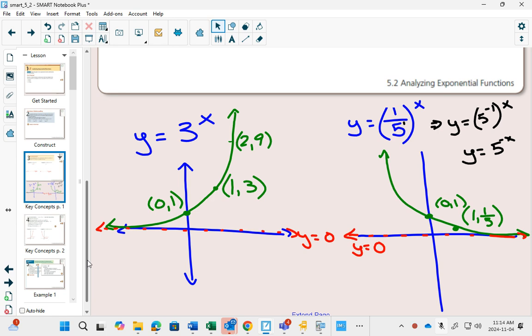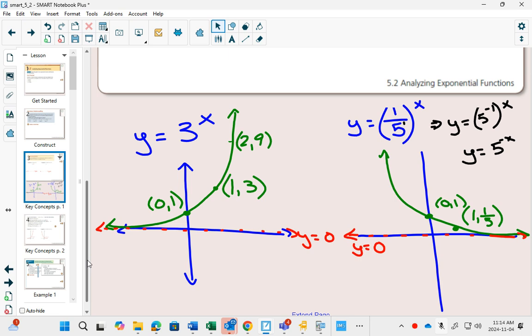I'm going to use lots of negative exponent rules moving forward. And if I use my exponent rules of a power to a power, I can multiply them and get 5 to the -x. And if you think of your transformations, that negative with the x is a horizontal reflection. So if I had a 5 to the x graph, can you see it would be very much like this one on the left?